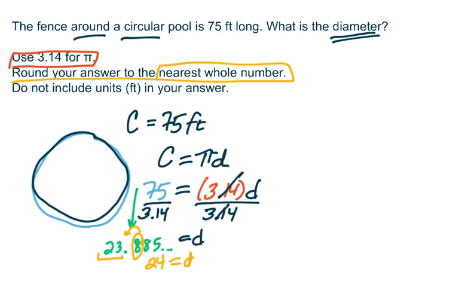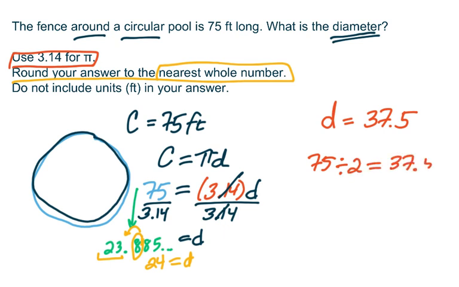If you chose the answer of diameter equals 37.5, you got that answer by taking 75 and dividing it by 2. I think that you got confused about some of the other relationships that happen in circles.